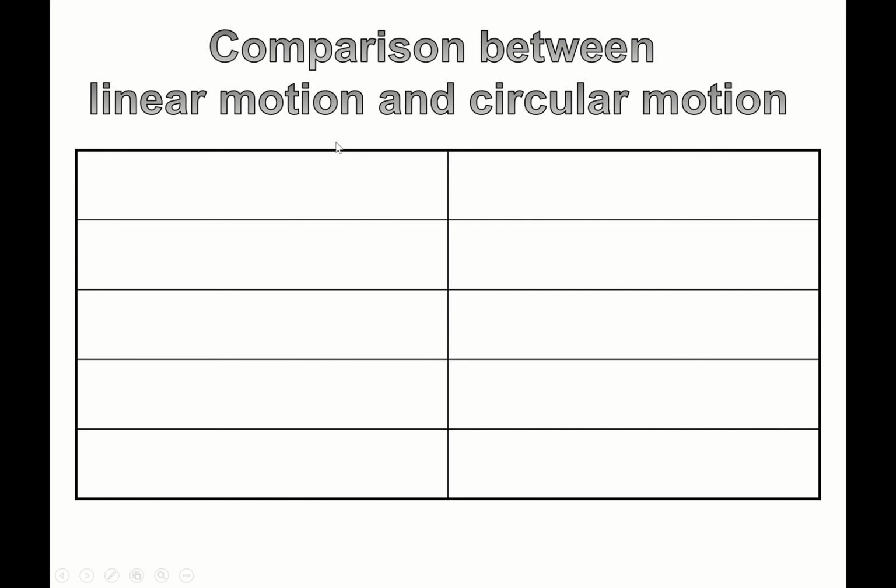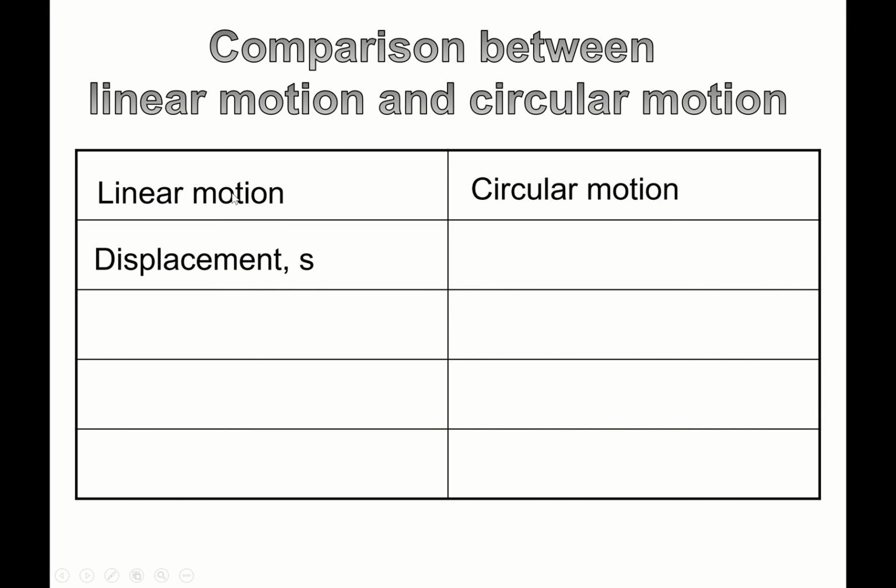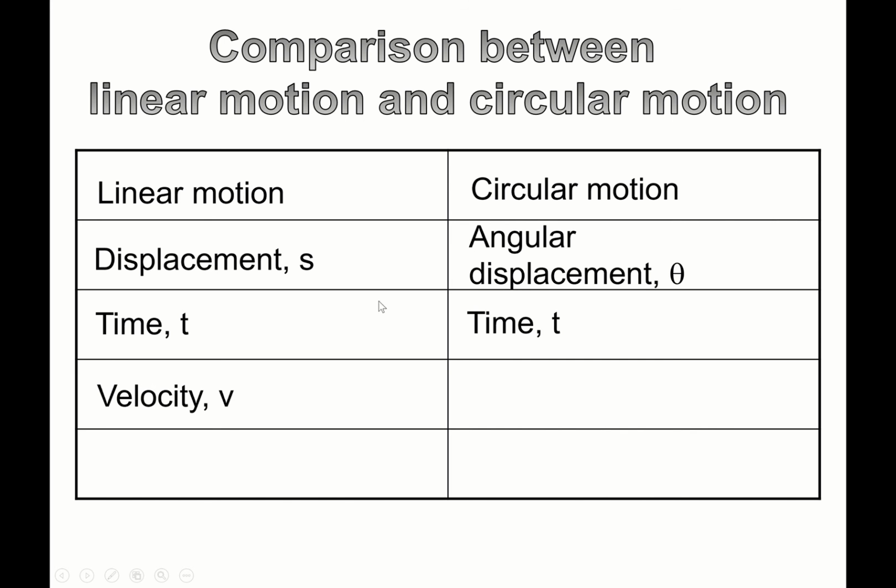Comparison between linear motion and circular motion. In linear motion, we use displacement s. For circular motion, we use angular displacement theta. For linear motion, we use time taken, and circular motion also uses time taken t. In linear motion, we use velocity v, and for circular motion, we use angular velocity omega.